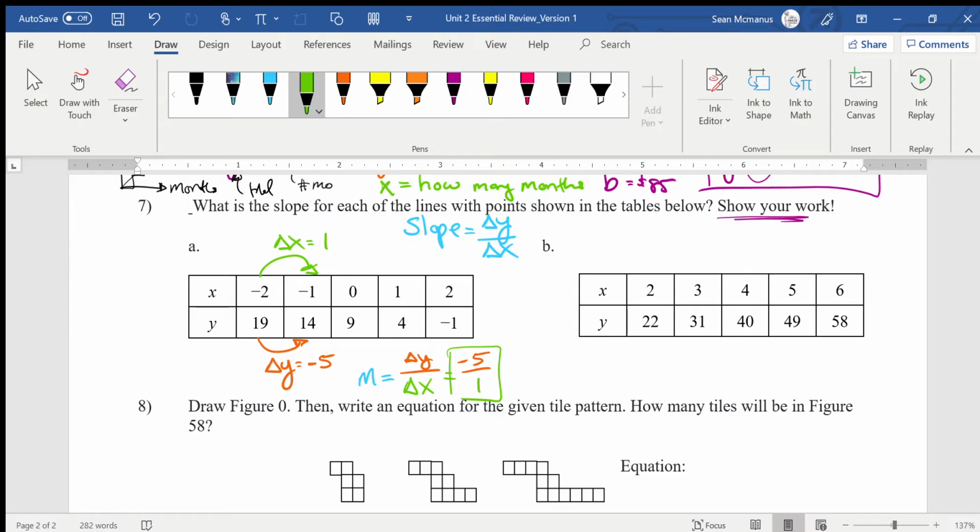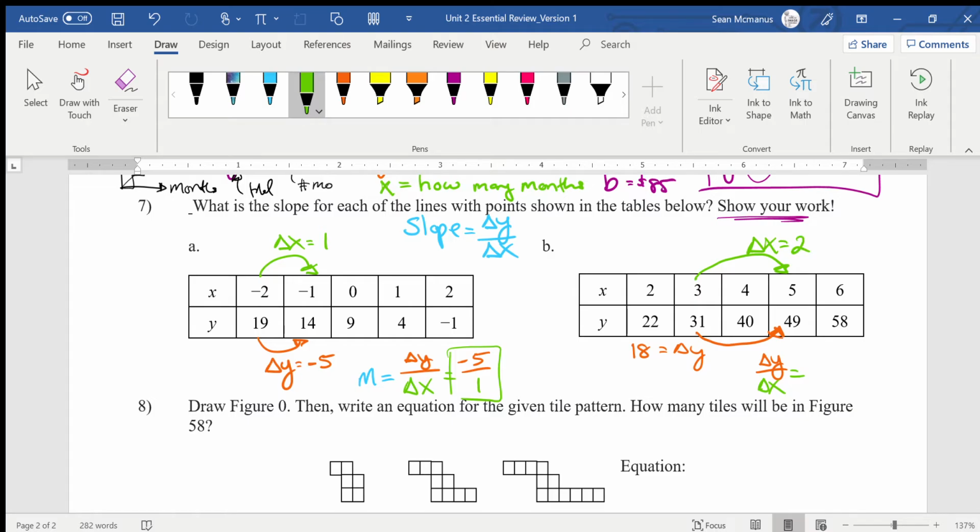And remember, I can pick any points I want. If I would have picked, like on part B, it's the same exact change in y divided by the change in x that will define our slope. But I don't have to pick points that are right next to each other. Let's just pick these two. I can pick any two I want. So from 31 to 49, that's positive, goes up 18. And from 3 to 5, that also goes up, so the change in x is positive 2.